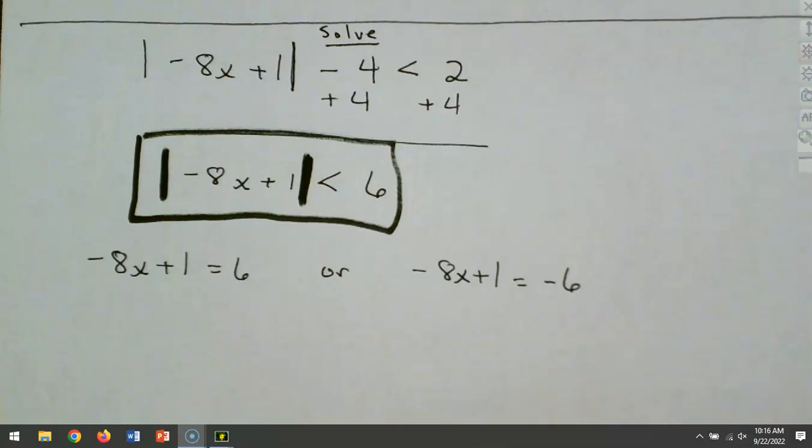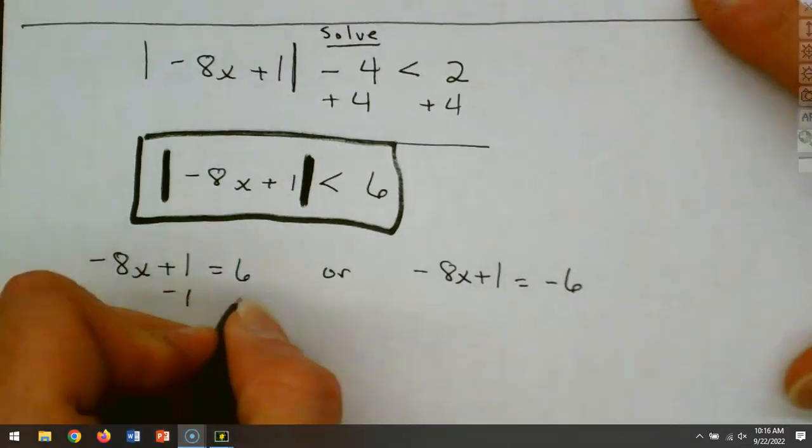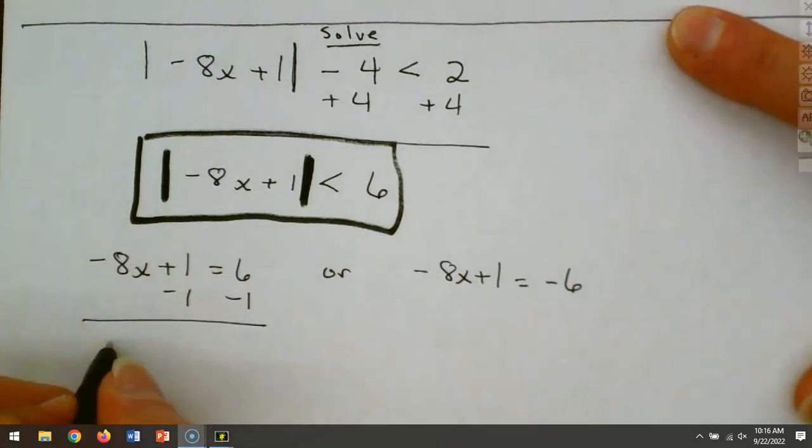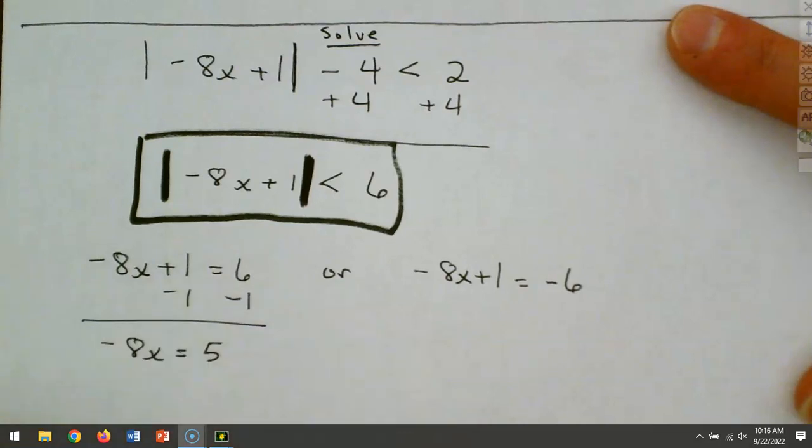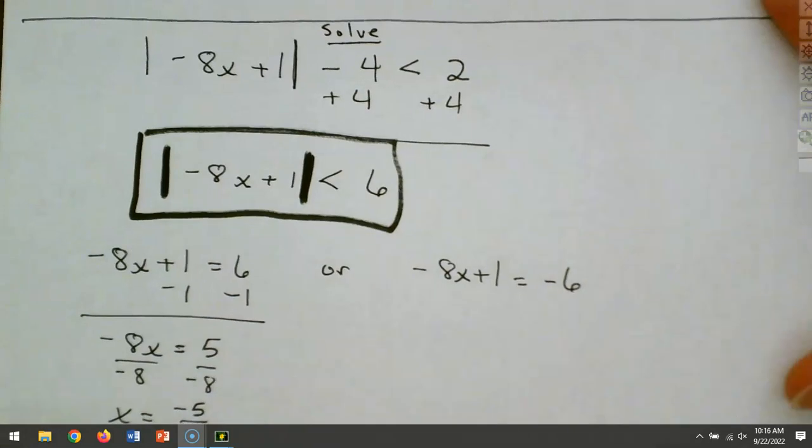Okay, so let's go ahead and finish this out. So solve each one. So move the 1 over. So minus 8x now equals 5. Divide by your negative 8. And x now equals a negative 5/8. So there's 1. What about the other one? Do the same procedure.